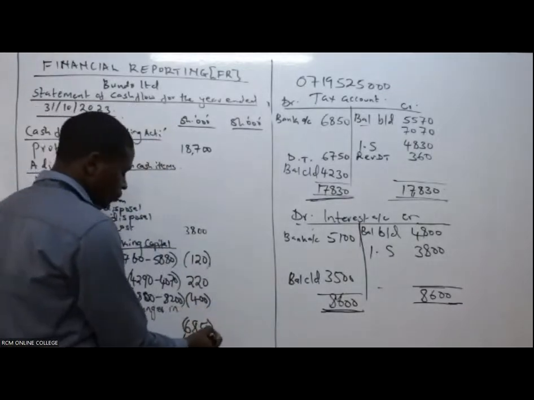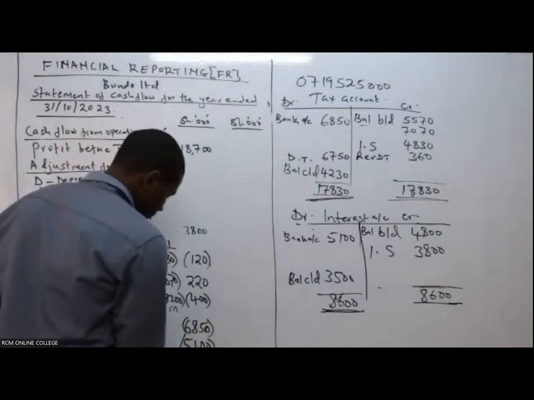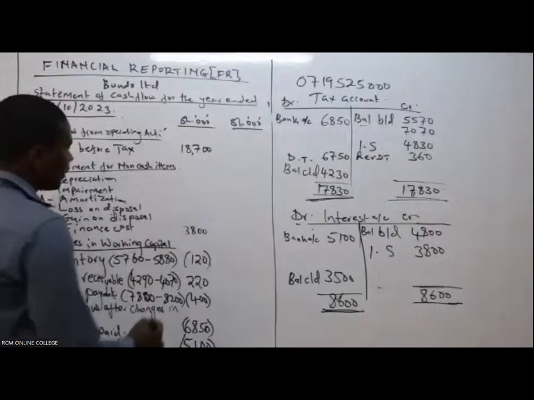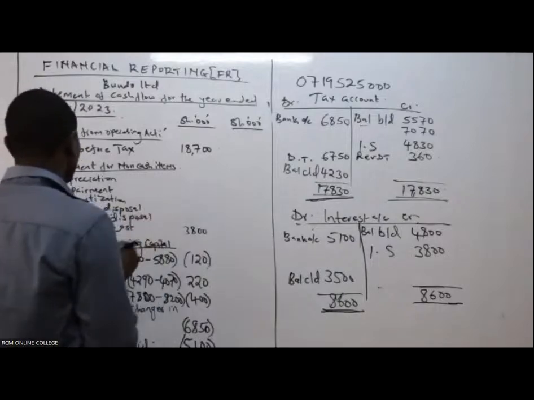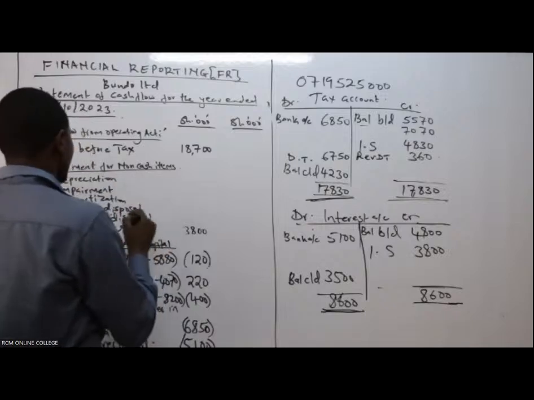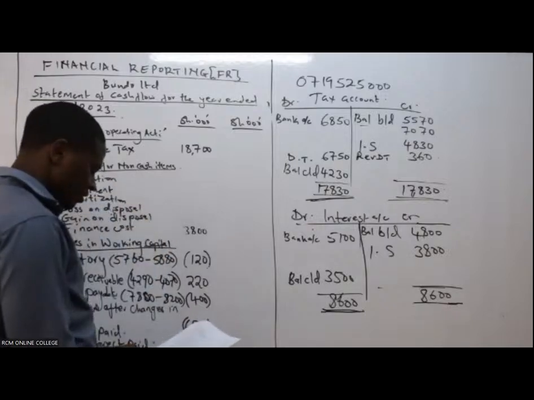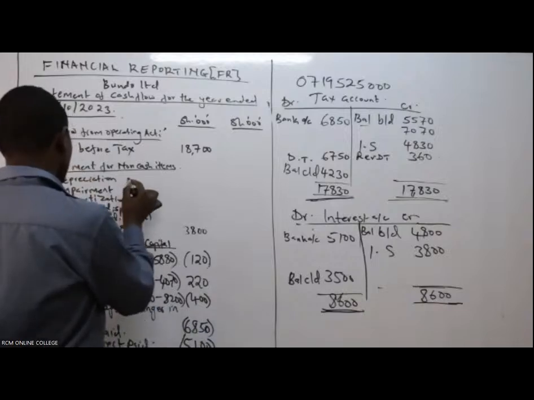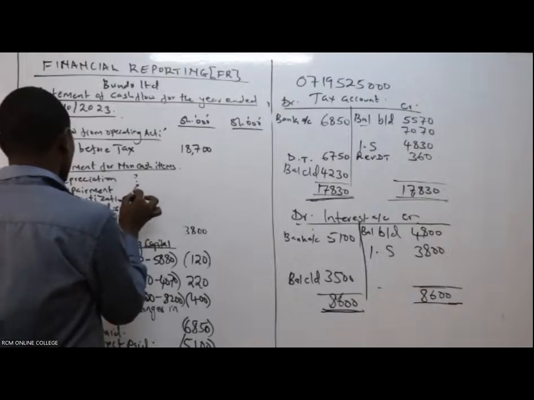Now class, I want to give you some task. In our question we have PPE. We don't have very many things, but we have PPE. Under PPE we can get depreciation, and then we had intangible asset.